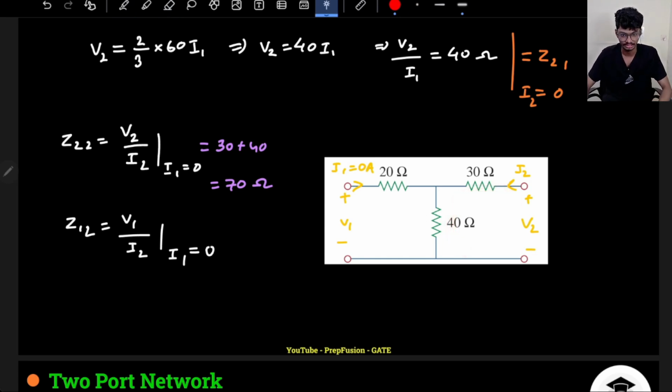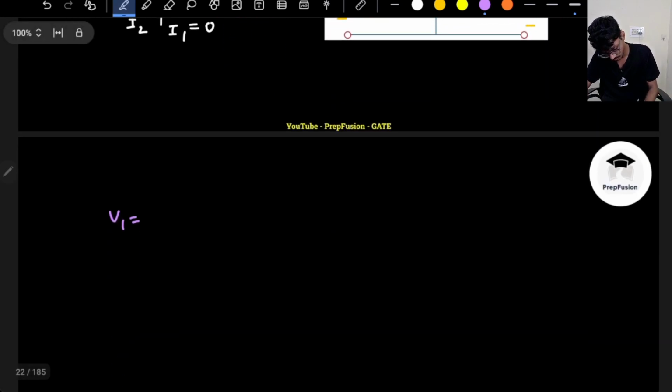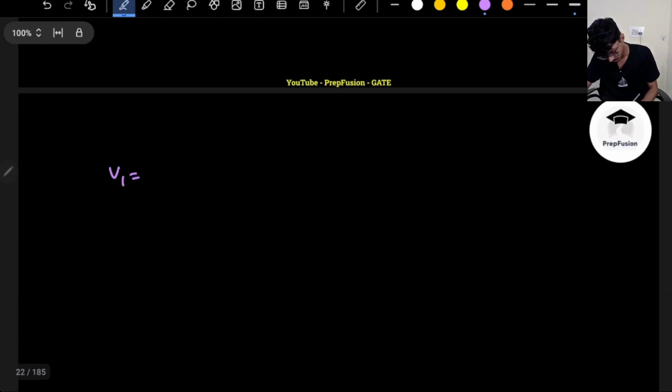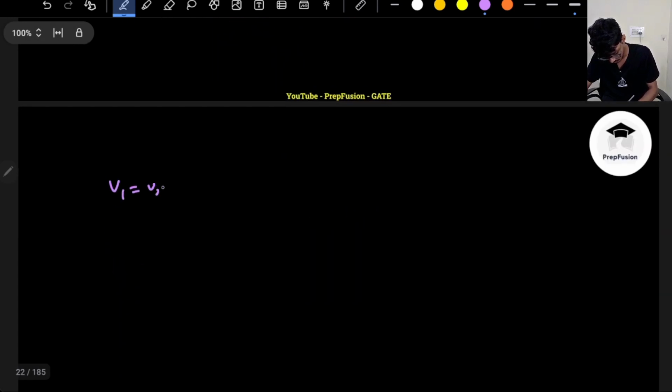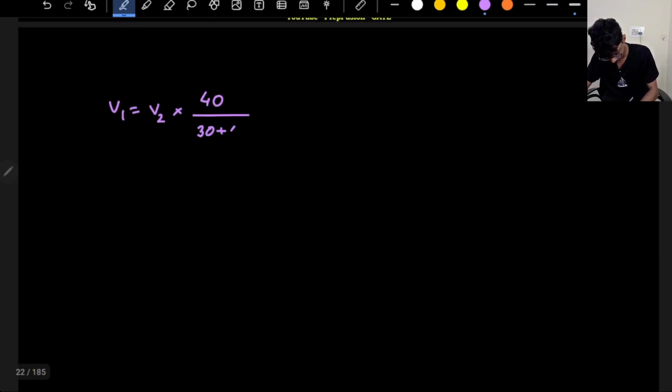If you apply the voltage division, you will observe that I can write V1 equals V2 into 40 divided by 30 plus 40. So V1 will be equal to 4 by 7 V2.